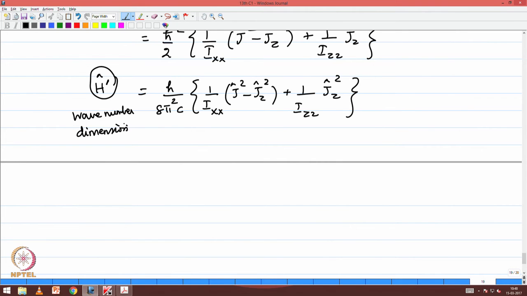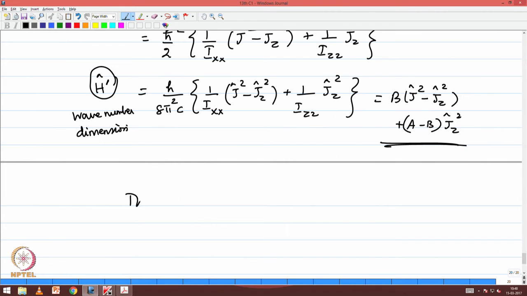And so, what you have is, now you can write this as B (J squared minus J_z squared) plus (A minus B) J_z squared. Okay. So, this is the symmetric top Hamiltonian.